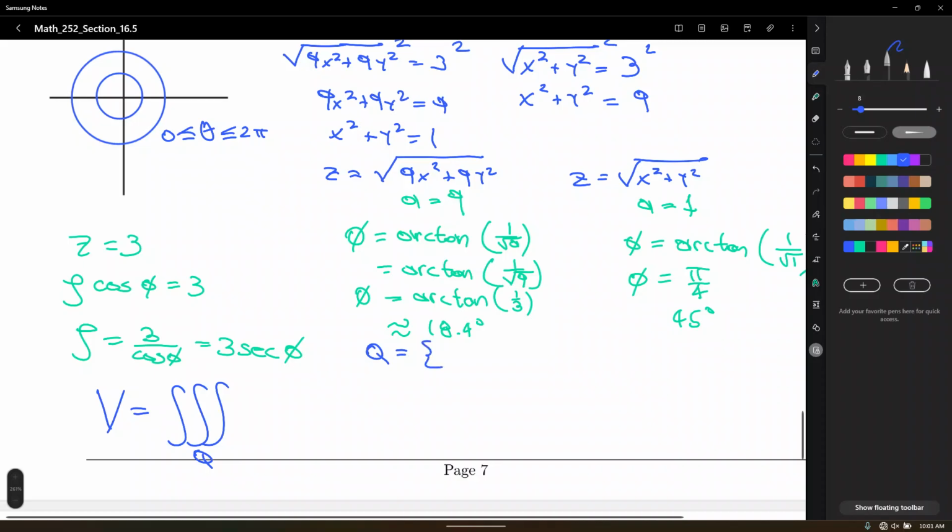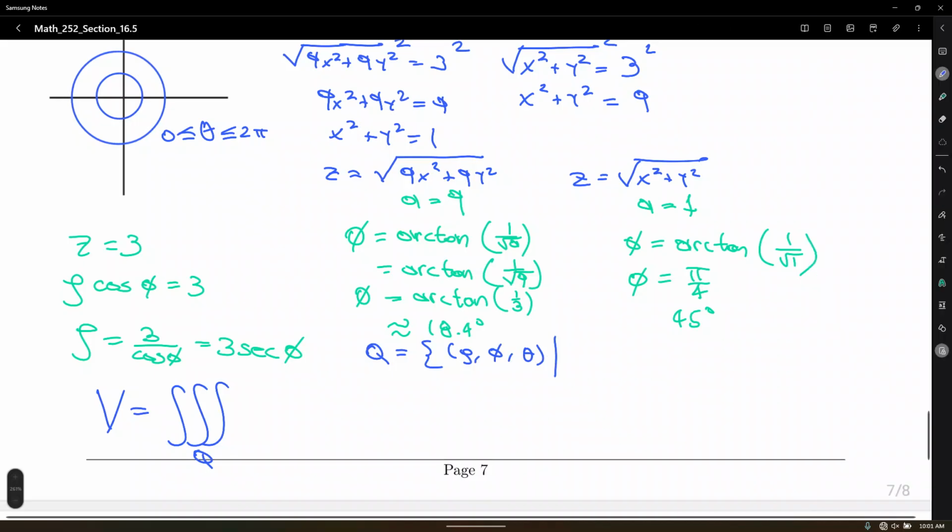Q equals all the ordered triples rho, phi, theta, such that number one, oh careful, rho varies between 0 and bounded above by the plane, 3 secant phi.